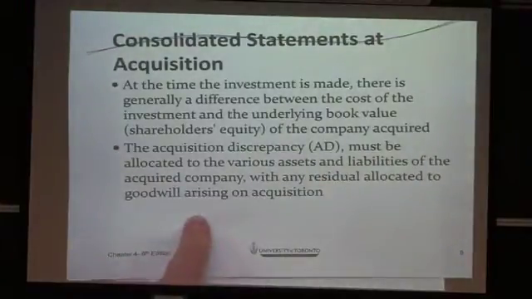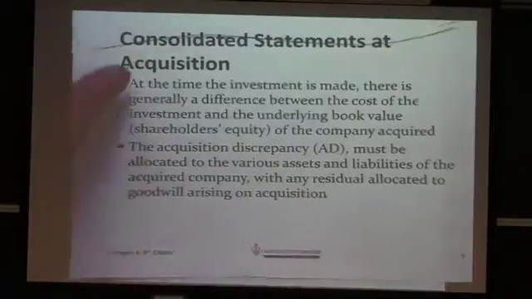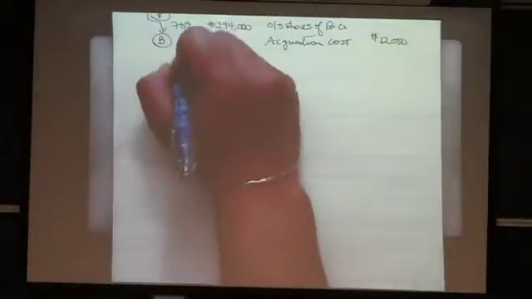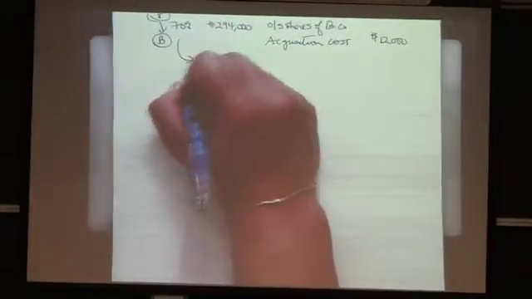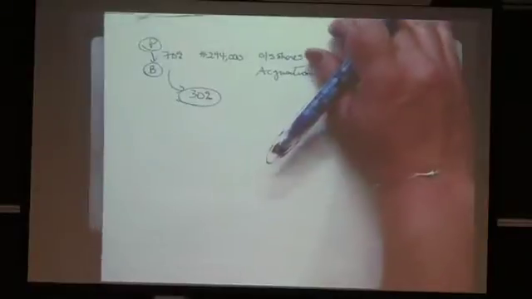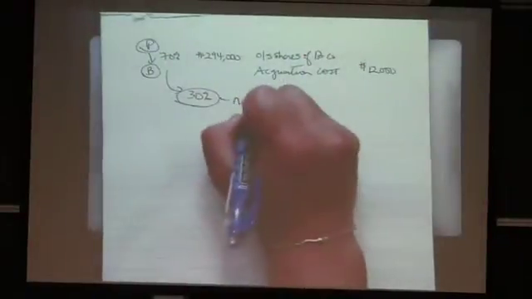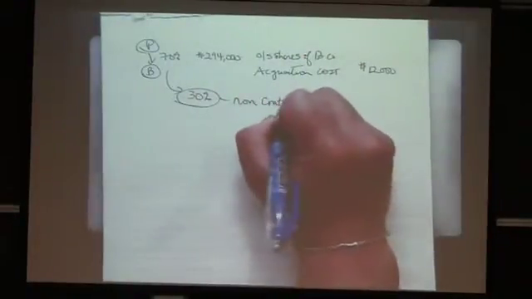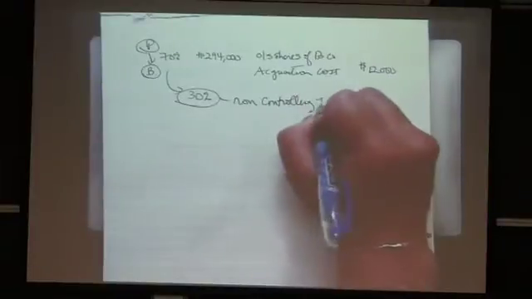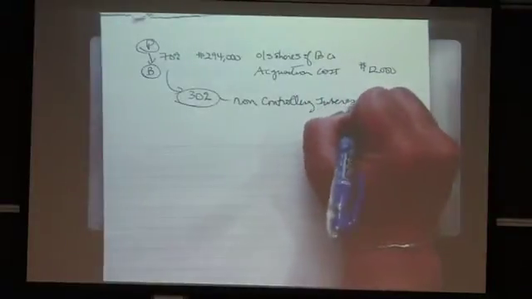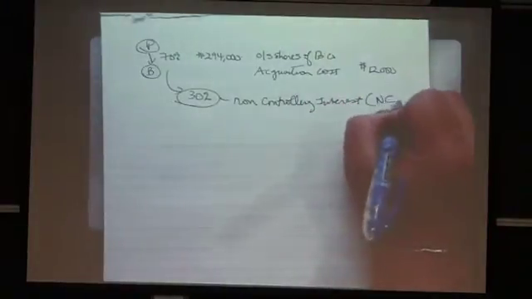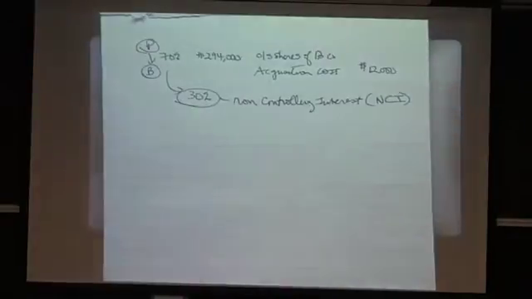I want to show you that in the Pork and Barrel question. The other thing to talk about is, remember, we bought 70%, so 30% is what we call non-controlling interest, NCI.